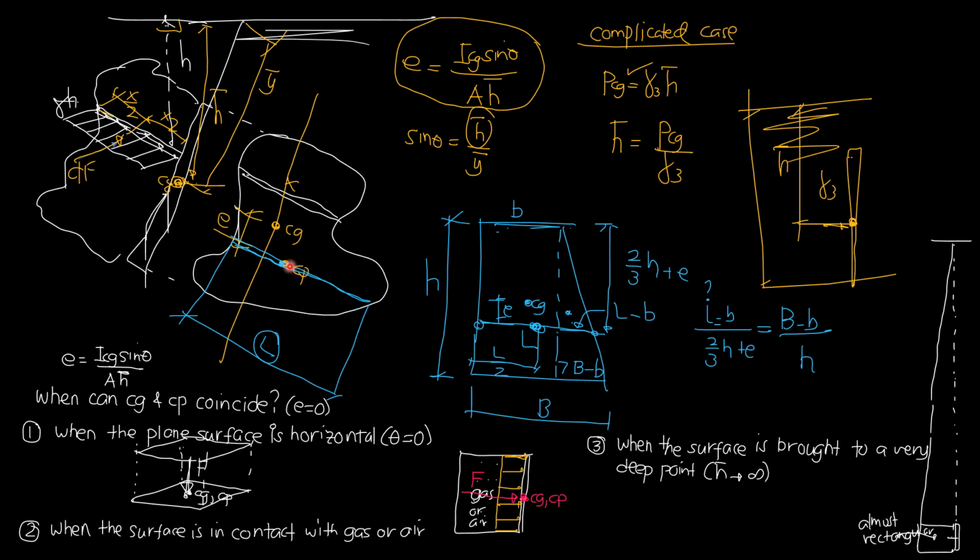So we need to solve or locate the center of pressure horizontally. Vertically, all you have to do is solve for that e and apply this formula. But what if horizontally?